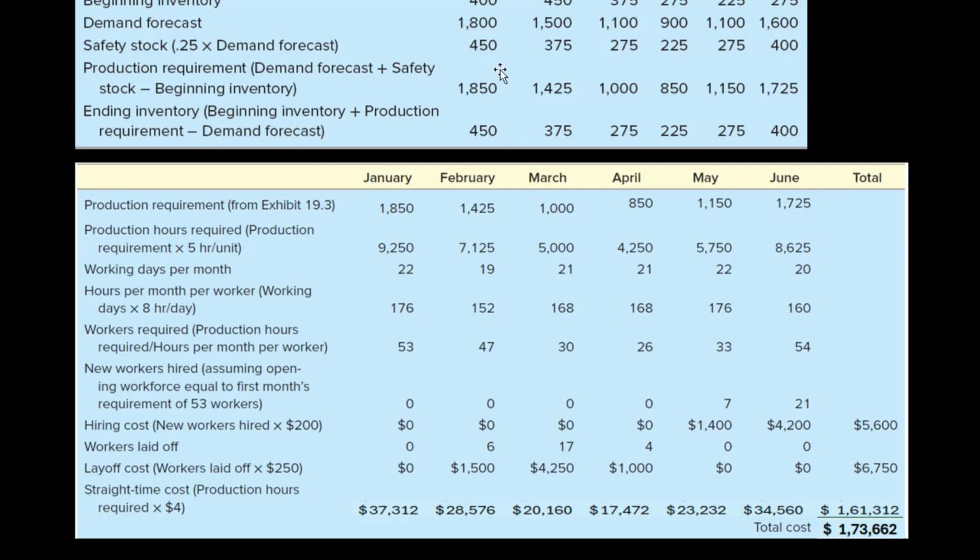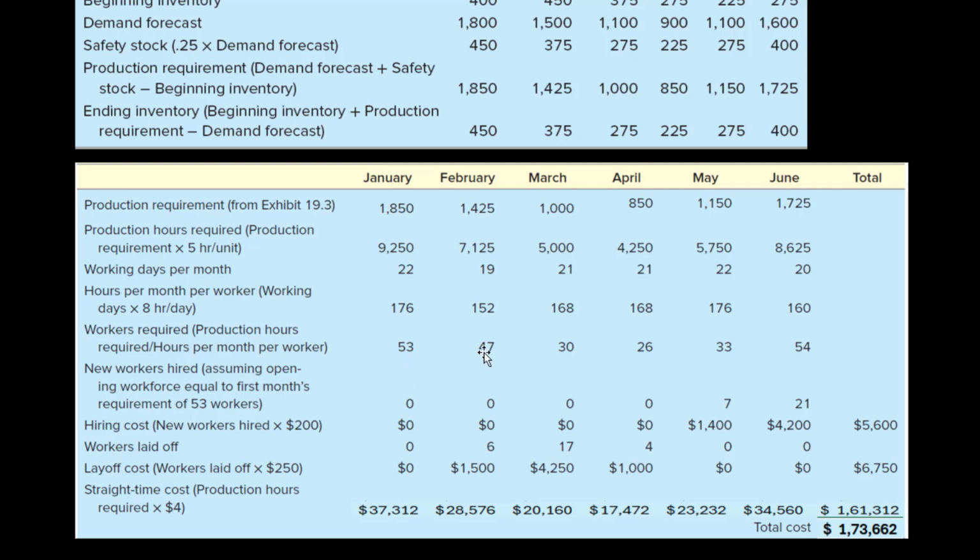In the month of February, you require 1425. Again 1425 into 5 will give you the number of hours which you require, 7125. For 7125 we have 19 days available in February. So if you employ one worker, you will get 152 hours in the entire month. So if you divide 7125 by 152, you will get the number required to be employed in this month, which is 47.